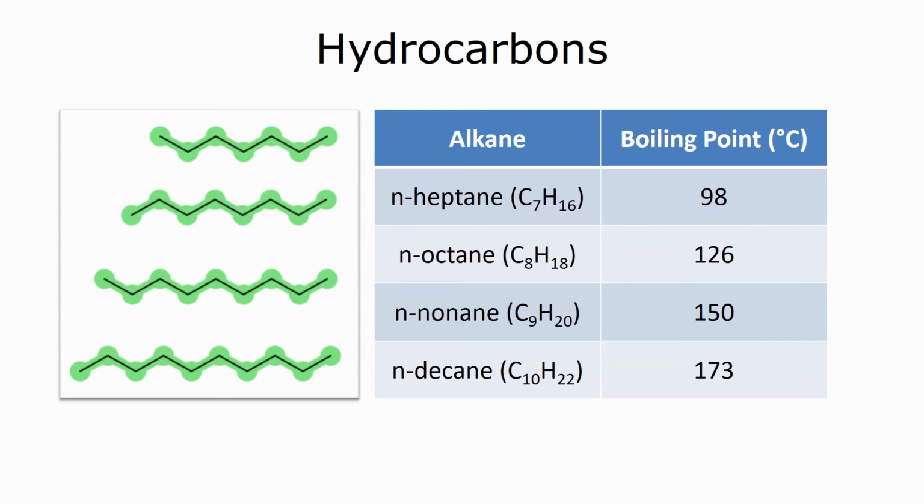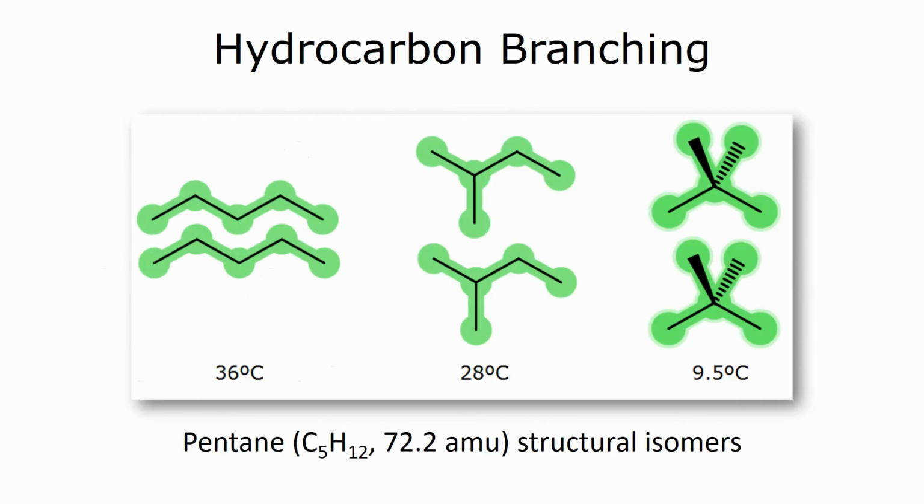Now we have to be careful. Just because the molecular weights are going up, again, we're talking about surface area, not just the weight of the molecule, that increases with increasing London dispersion forces. A good example here is the boiling points of pentane. There are several different forms of pentane. Here are 3 of them.